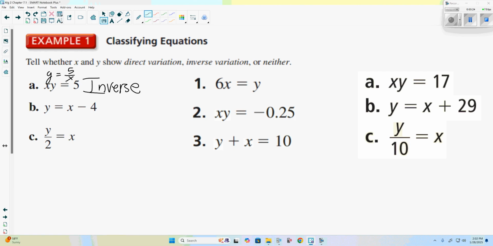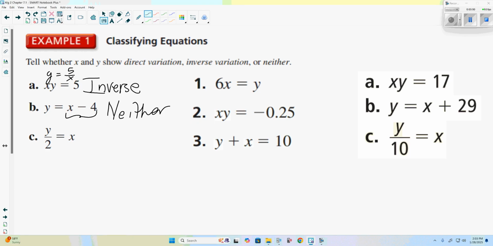What about b? Direct, inverse, or neither? It is actually neither.